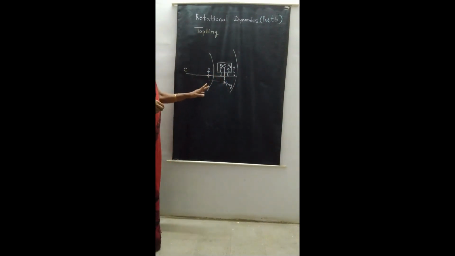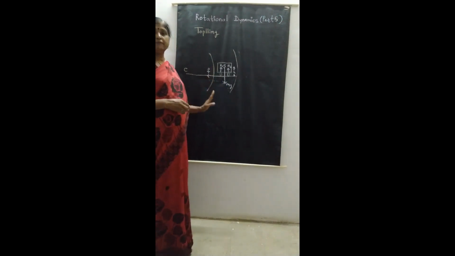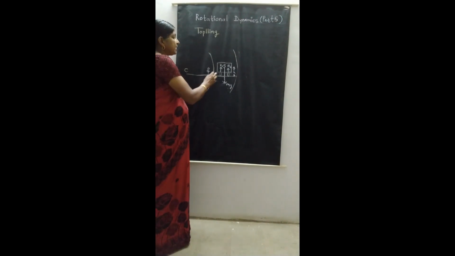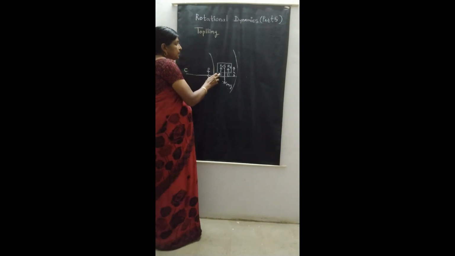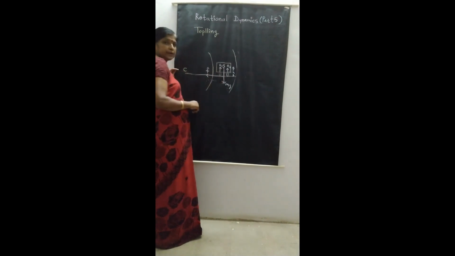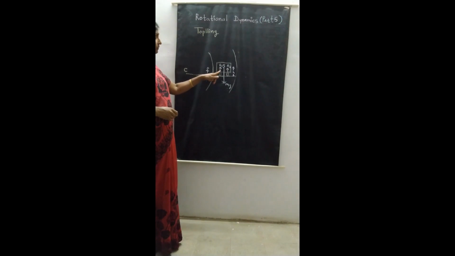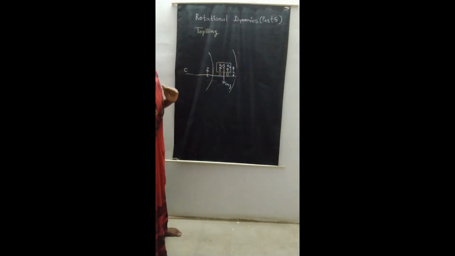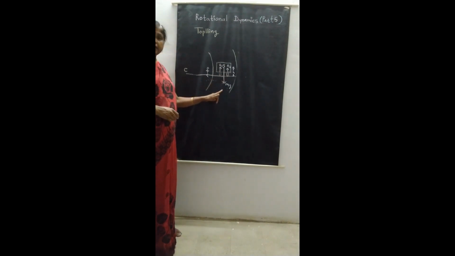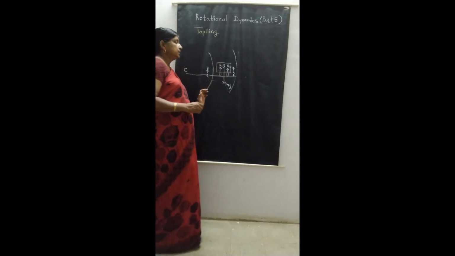In order that this vehicle should not topple, it is in equilibrium, we will have to balance the different forces in this case. As we are observing here, the normal reactions R1 and R2 are in vertically upward direction, and mg is in downward direction.